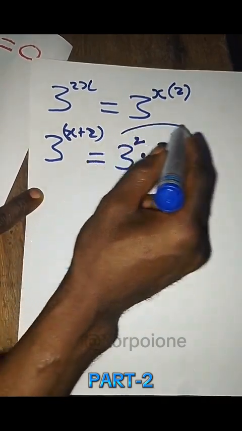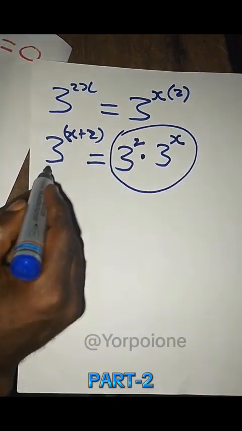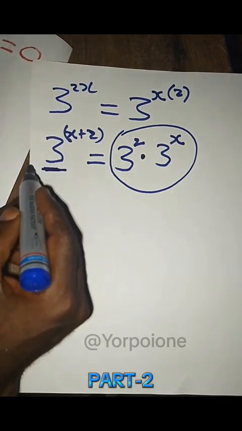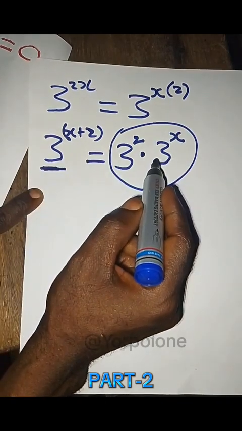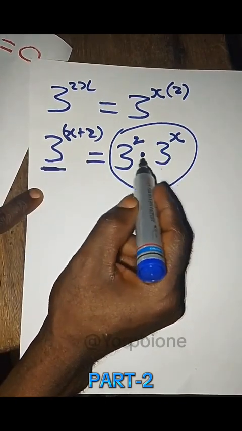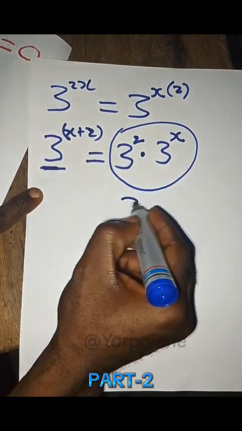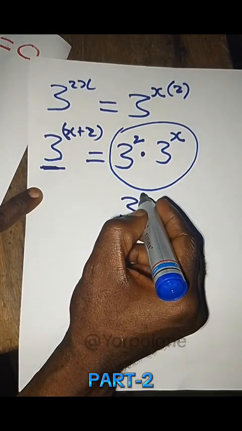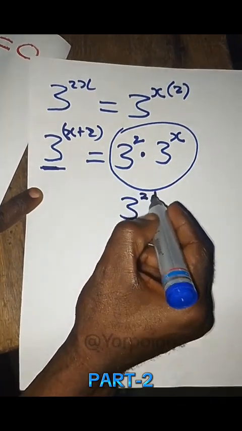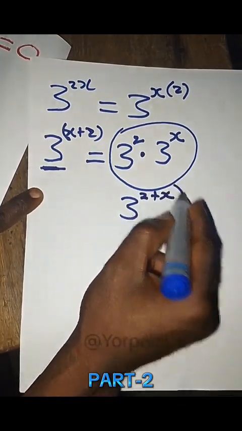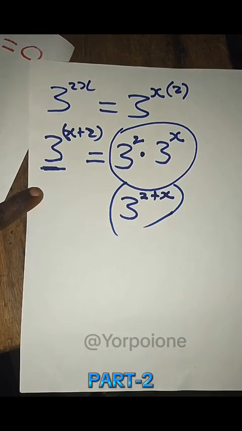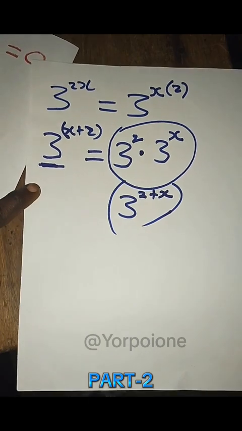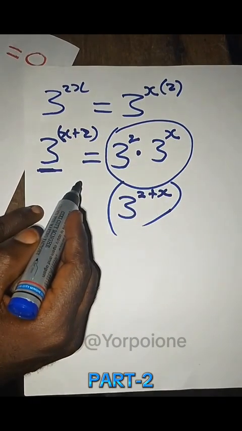Because if you apply the law of indices here, what does the law say? If you want to multiply powers with the same base, we maintain the base and add their powers. That is, we maintain the base and we add 2 plus x here. So that is what we need to do here. Okay? So we're going to rewrite it like this.